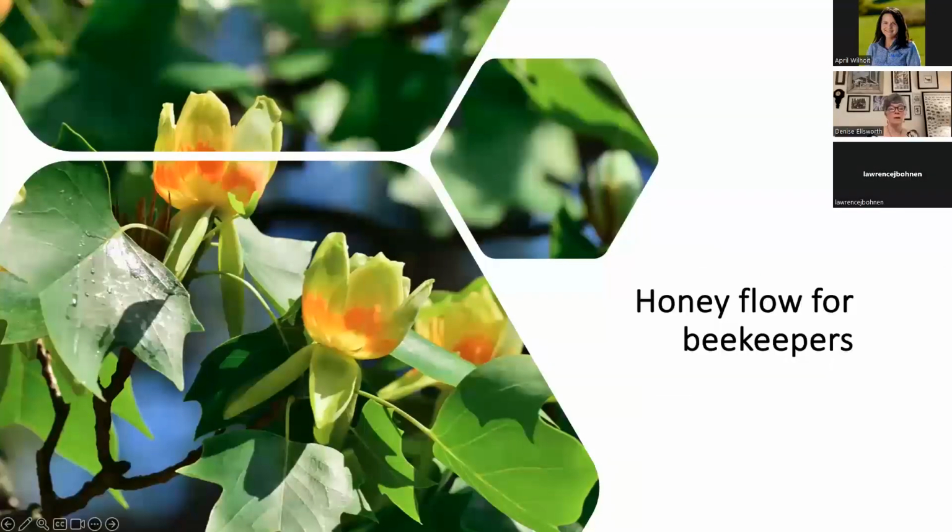Beekeepers love phenology because you're tied into the honey flow, right? You need to know what your bees are bringing back. You want to know what pollen they're gathering, and this sequence of bloom is a way to expand your knowledge of what plants are resources for your bees, where those might be around you, in that central place foraging idea, and maybe how to add some of that habitat to fill in some gaps.